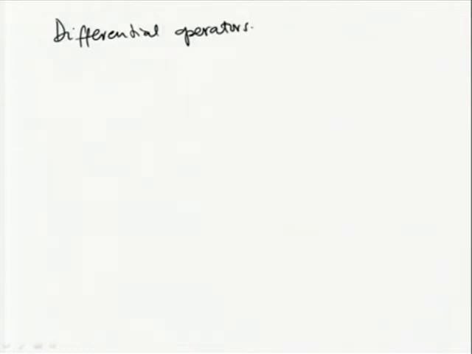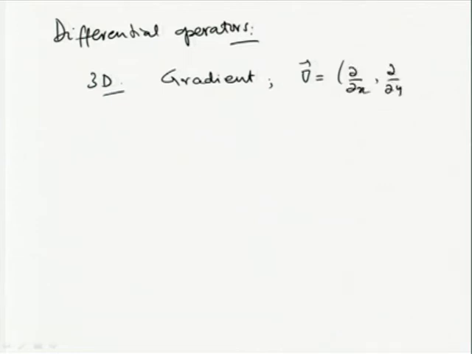So, let us consider differential operators in relativistic notation. In the three-dimensional case, we have the gradient defined as ∂/∂x along the x axis, ∂/∂y along the y axis and ∂/∂z along the z axis.